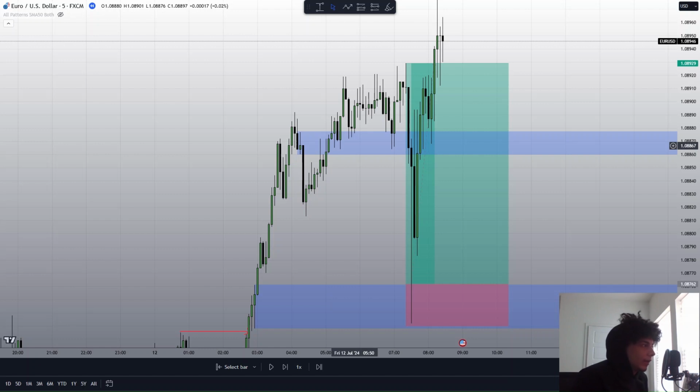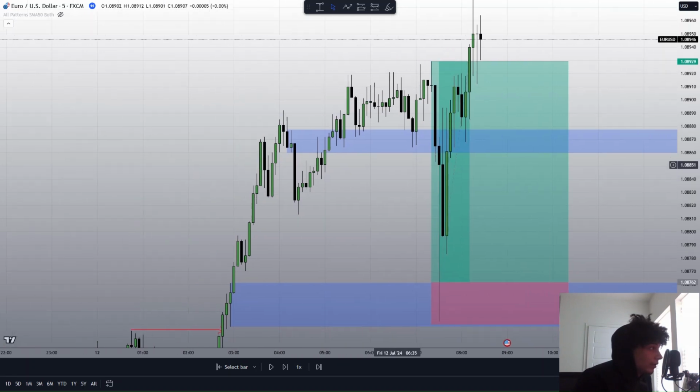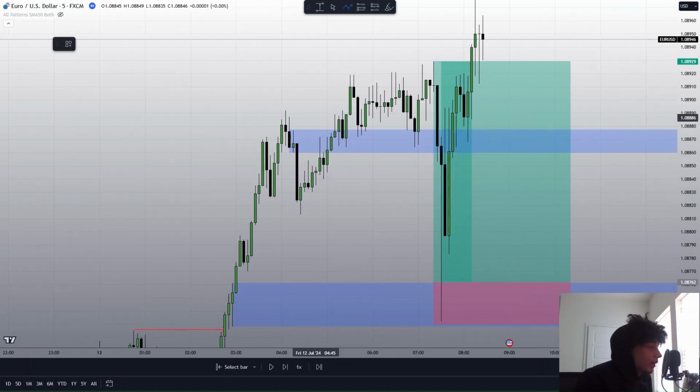All right. In this case, when it tapped into it and tapped into it again, this is when you need to wait and be like, okay, it should have just tapped into the zone the first time, which would have been this bullish candle right here. And then it should have just immediately gone. It should not have tapped into the zone again, but it did.